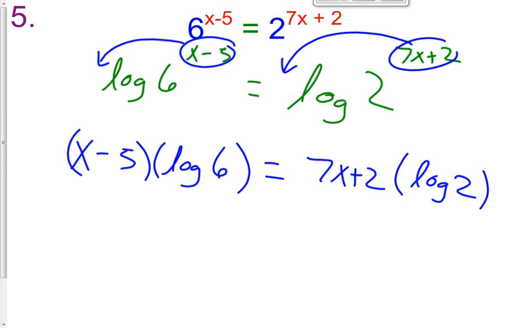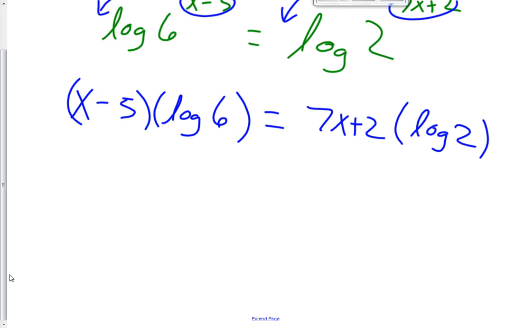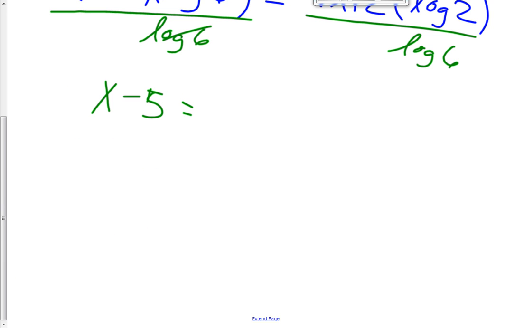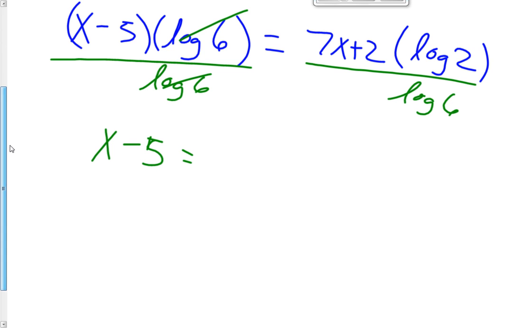Okay, now we're going to get a little bit messy, so get ready to get your hands dirty. We're going to divide both sides by the log of 6. So now it's gone from this side. So now I have x minus 5 by itself on the left, but I have this mess over on the right side of 7x plus 2 multiplied by the log of 2 divided by the log of 6.